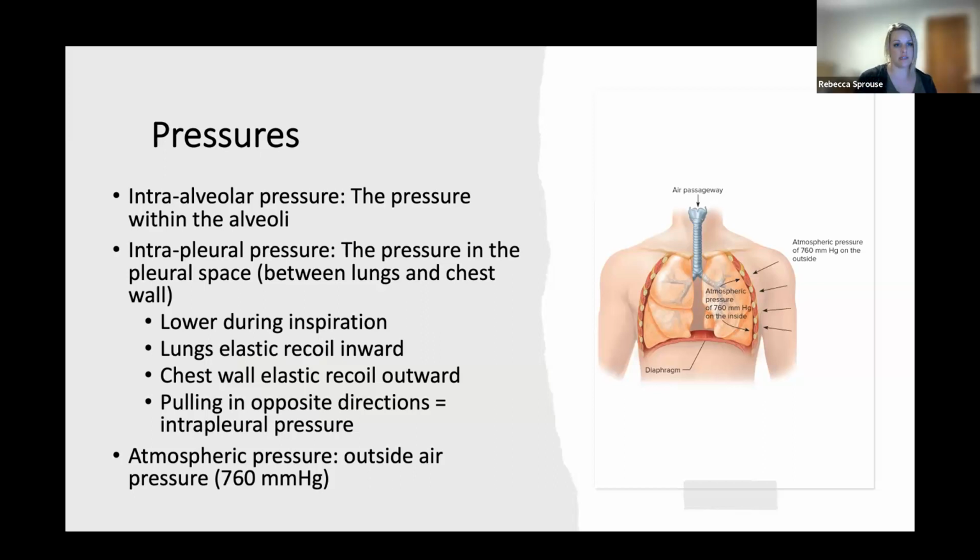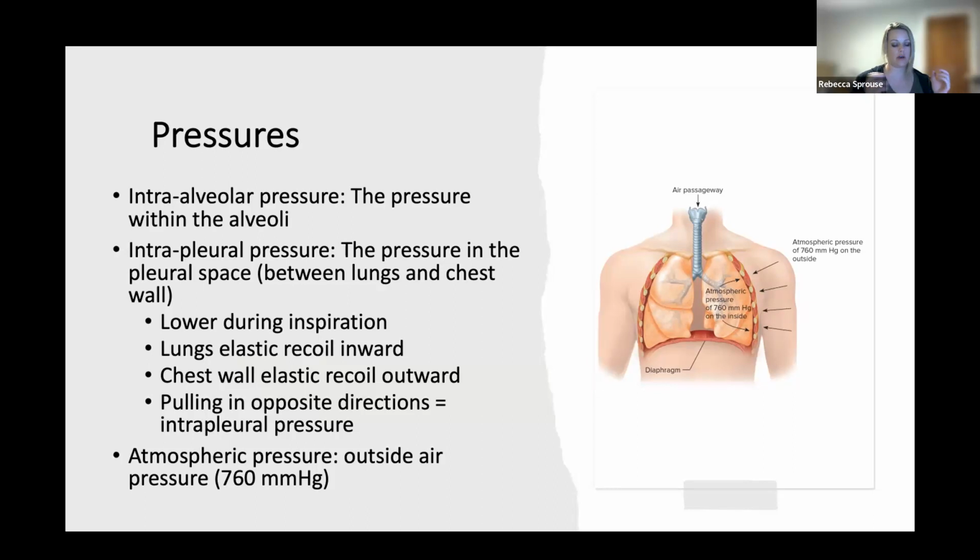If it was positive, your lungs would never be able to inflate. They would be deflated. So that intrapleural pressure is important to maintain the pressure between those two pleural layers in order to allow the lungs to inflate.